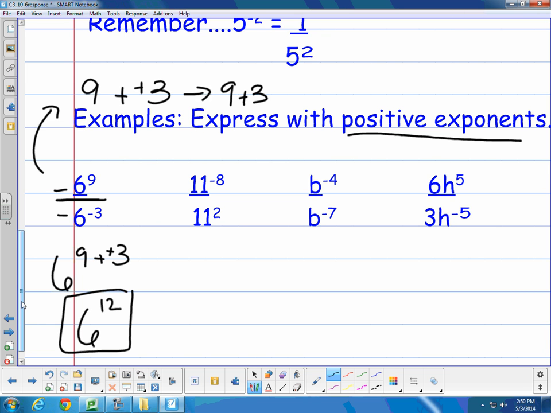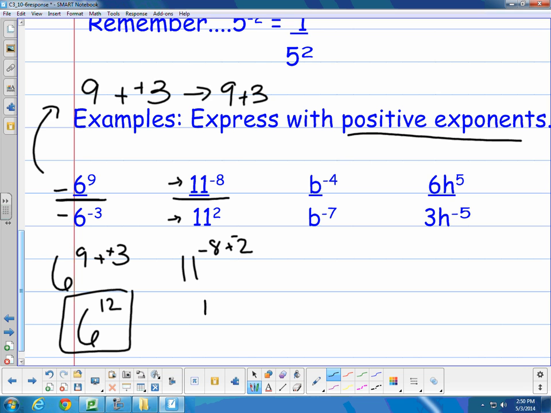So hopefully that's a little bit helpful for you. Now I see at the top 11 to the negative 8th and 11 to the positive second power. So I say, oh, this is division. I'm going to subtract my exponents, negative 8 minus 2. Again, I'm going to use my chopping and my ninja skills here to add the opposite.